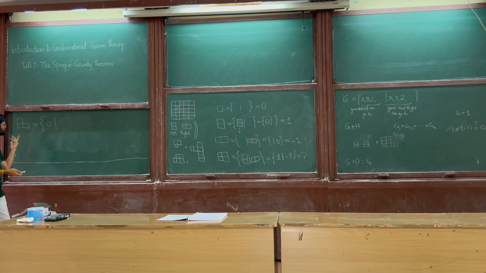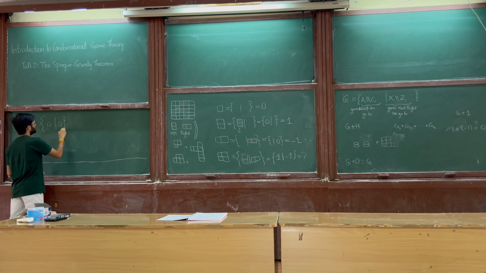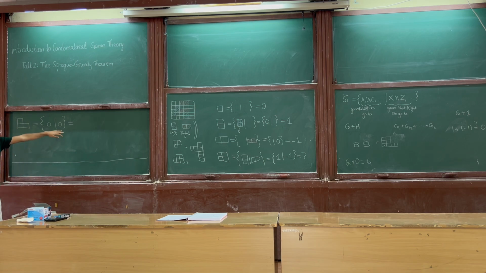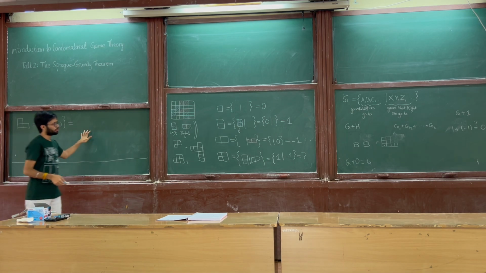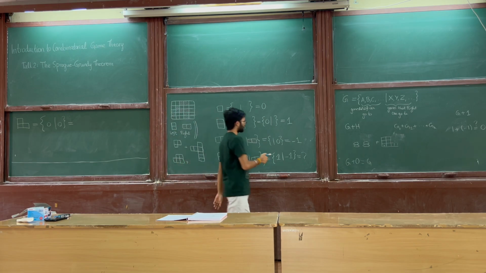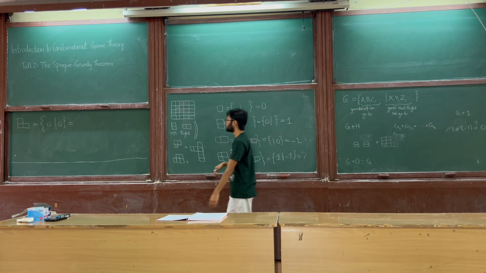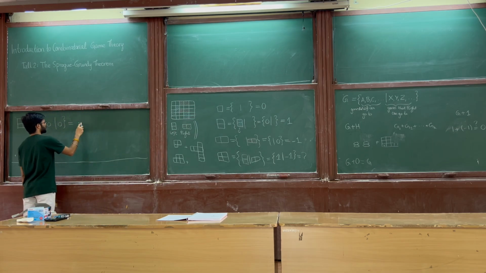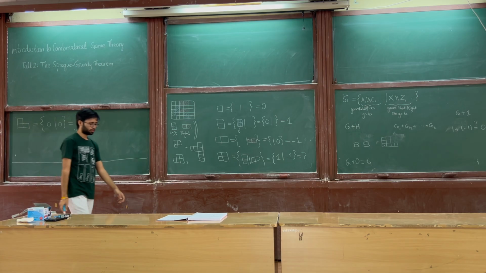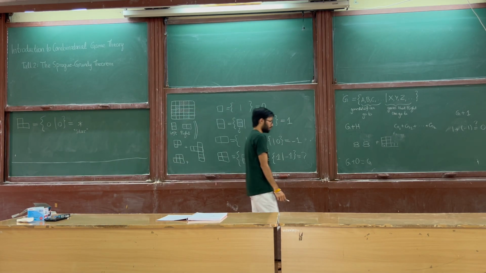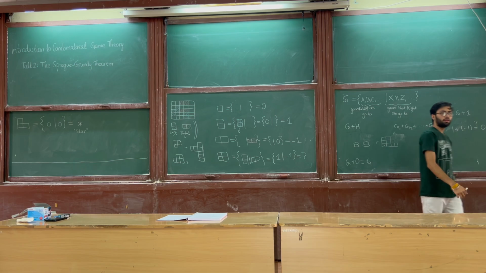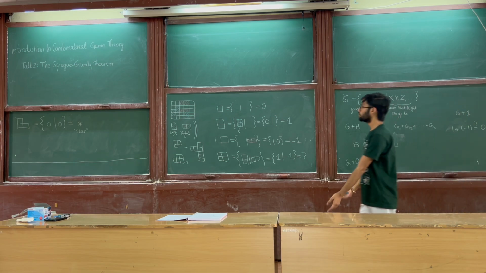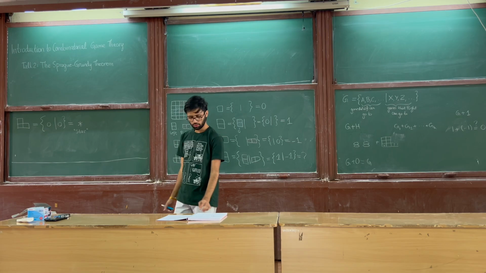And right again has similarly only one move, and that is to 0 as well. So this is 0 bar 0. I'll give this a name, but not a familiar one. I'll not give it an integer name because it doesn't behave like an integer, but I'll give this the name star. So star is the game where both left and right have only one move, and that is to go to 0.